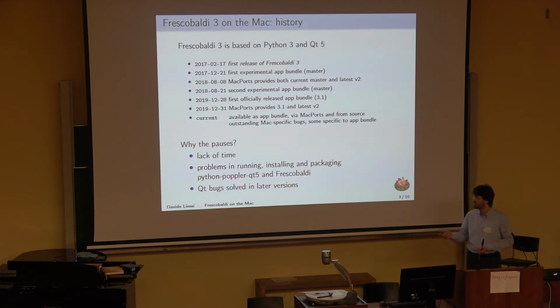And there were many bugs in Qt5, even though when the switch was made, Qt5 was already version 5.8 or 5.9, but there were many bugs that made the application unusable on Mac, and some of them were later solved on the Qt side.